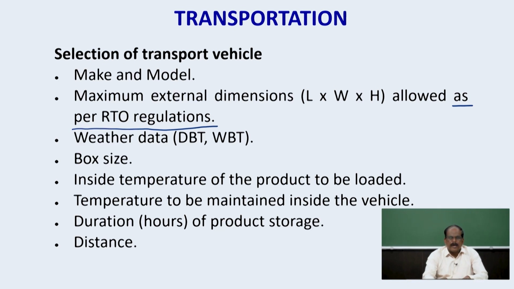If it is a multi-product, whether the required storage temperatures are the same or different. Temperature to be maintained inside the vehicle, duration of product storage in hours, it could be in terms of days also, and distance.